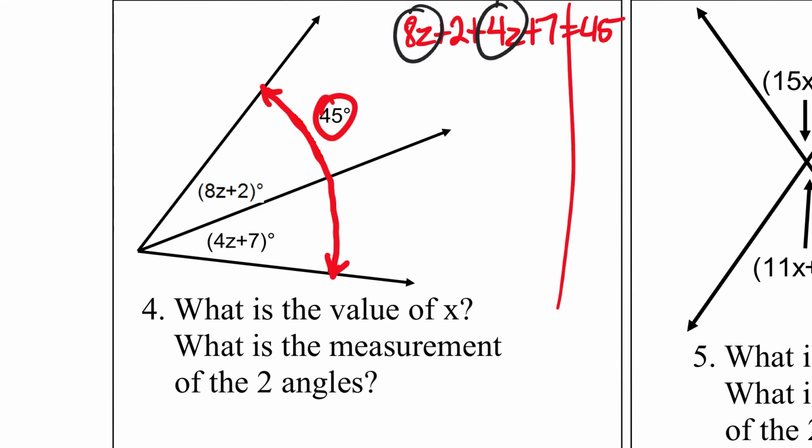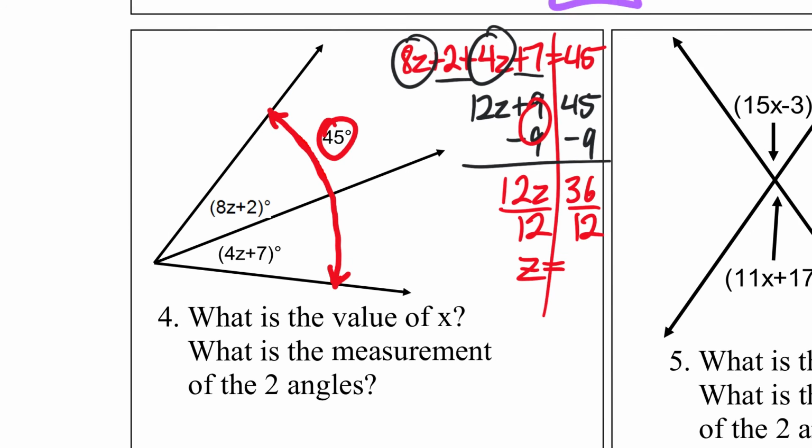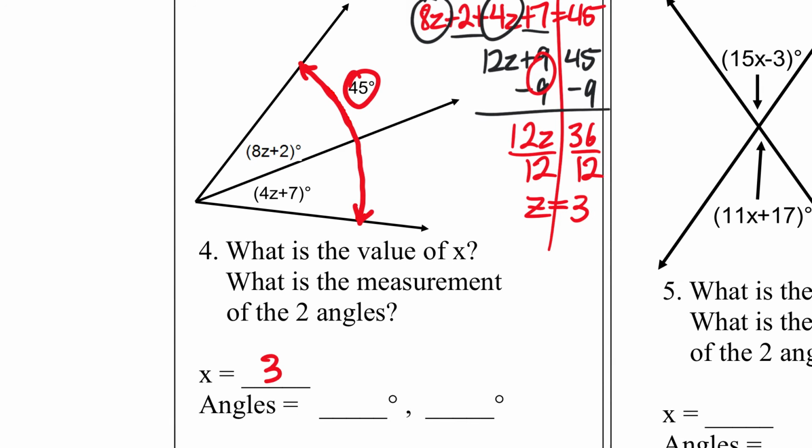All right, combine like terms. We're going to get 12z, 2 and 7 make 9, equal 45. Minus 9 zeroes out. 12z equals 36. Divide by 12. And so z equals 3.